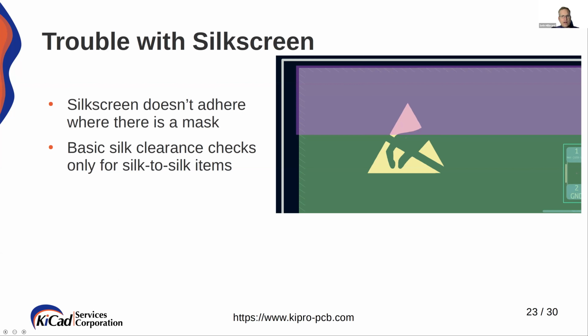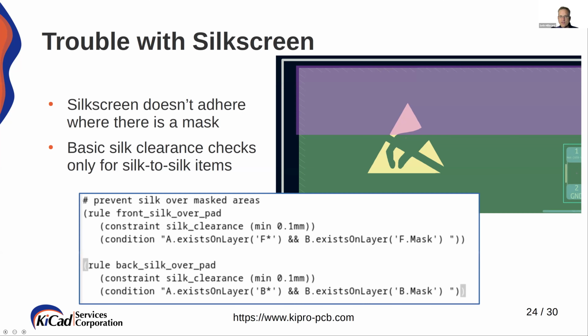Now, another option, you want to make sure that your silk screen is not overlapping masks. This is a basic check here, because we're not going to adhere to copper. So in this case, you want to look for silk over masked areas. Now, this is an earlier version rule.